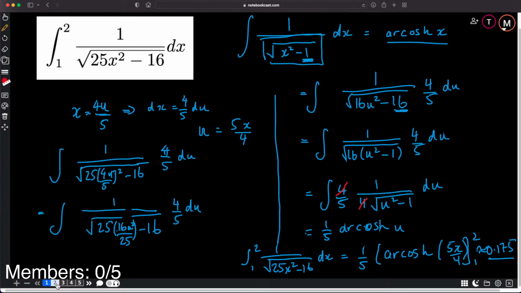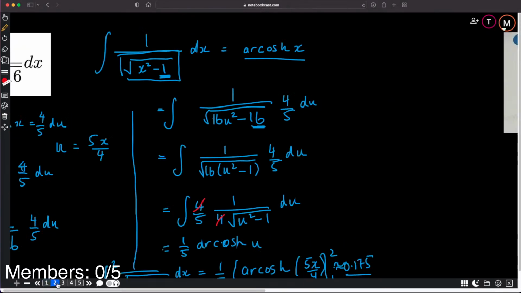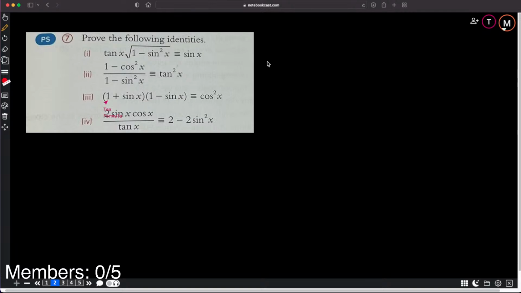Alright, okay, so let's move on to some trig identities. These were sent in by HA. This was for GCSE Further Mathematics, I believe. And hopefully he's with us. Or he can always catch this after the fact as well. So this question says, prove the following identities.